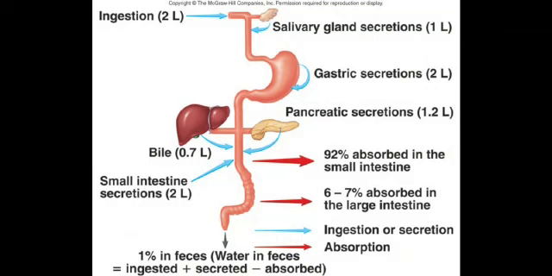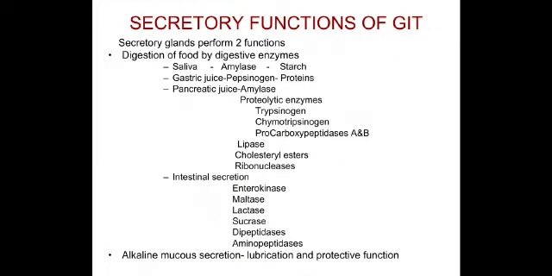The succus entericus, which is the small intestine secretion, is around 2 liters. Finally, 92% is absorbed in the small intestine, 6 to 7% is absorbed in the large intestine, and 1% is lost in feces, water and feces. So finally you ingest and secrete, and the absorption is subtracted.